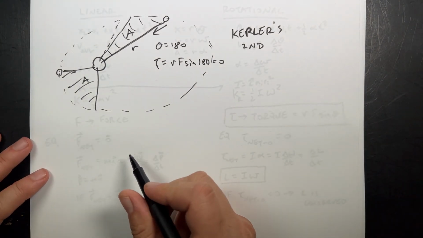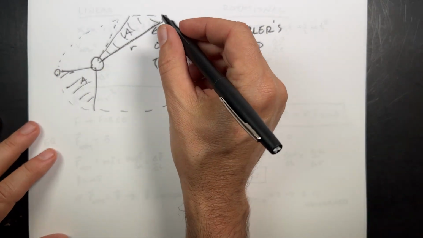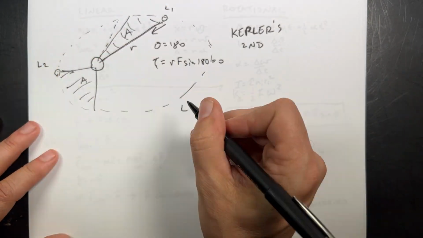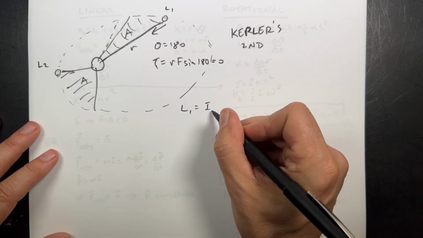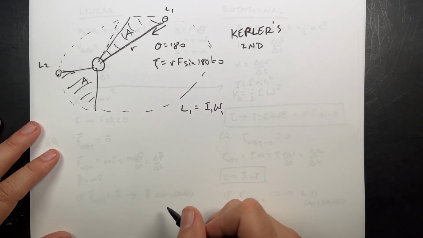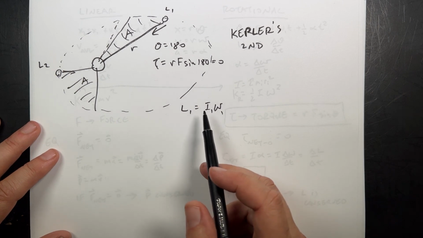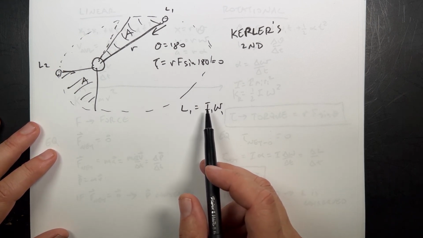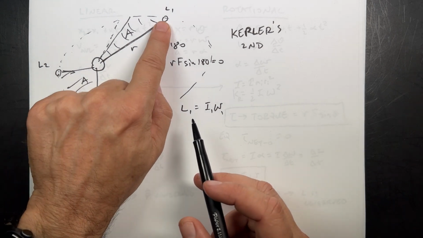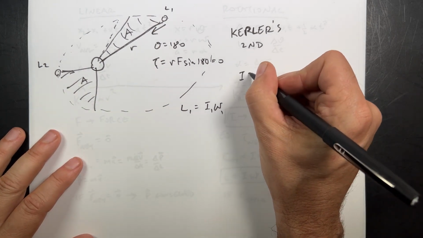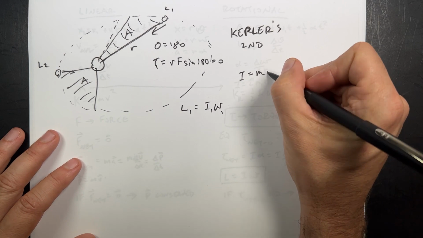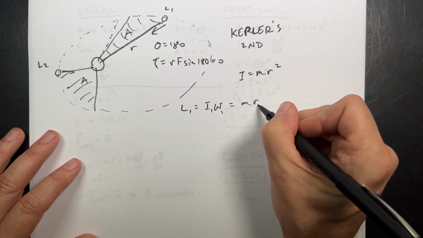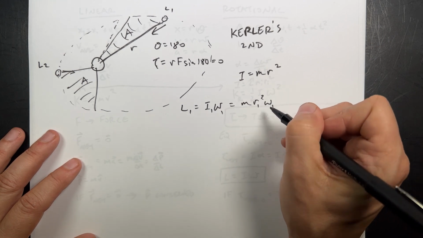Now, why does that make this speed up? Well, let's call this L1 and L2. L1 is I1 omega 1. The only way to change the angular velocity is to change the moment of inertia. And if I just have this one point, then I is equal to m r squared. So L1 is m r1 squared omega 1.